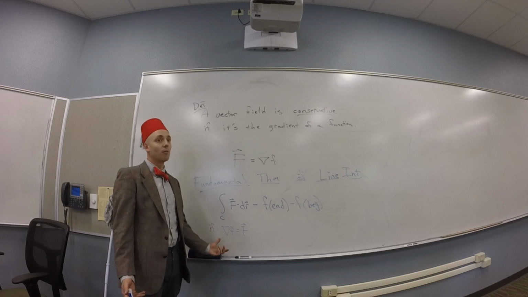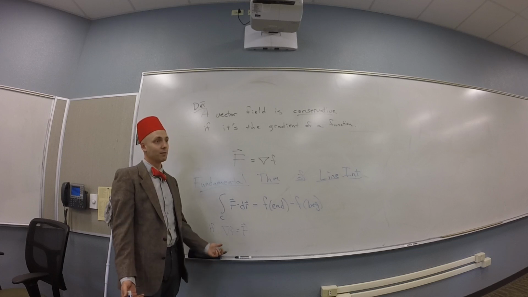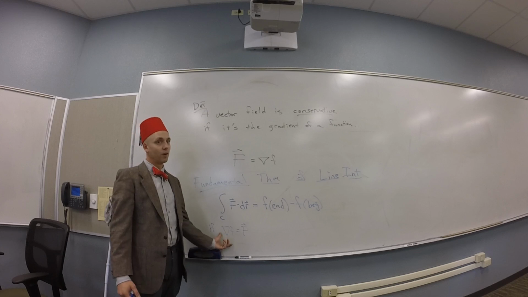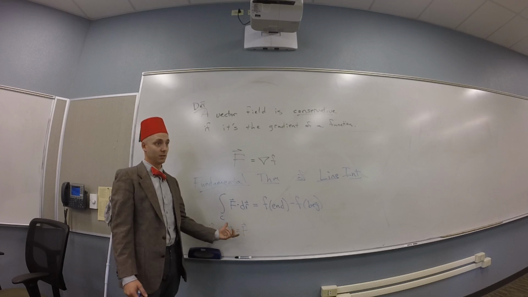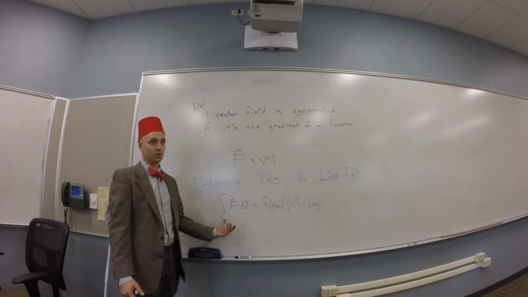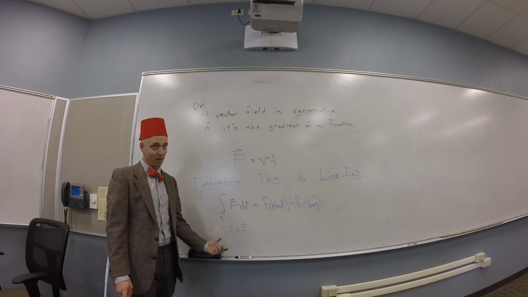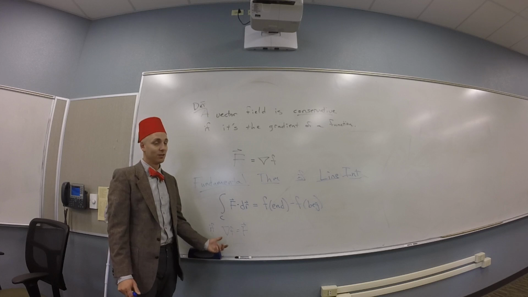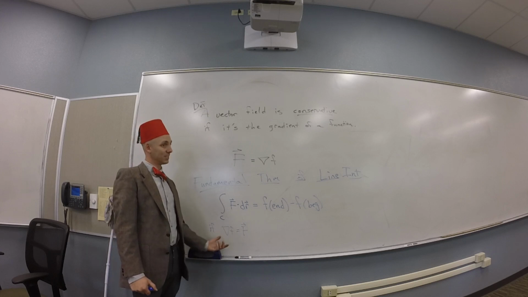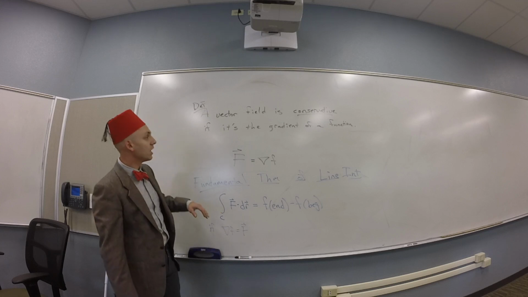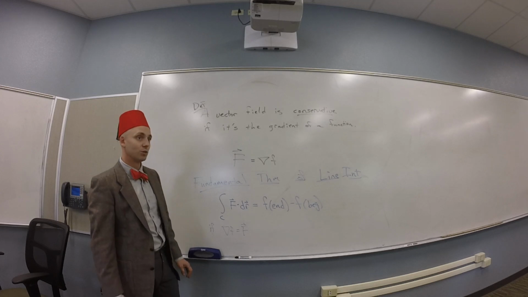You don't have to deal with r prime. You don't have to dot product anything. You just find this antiderivative and evaluate. That's cool. That said, not every vector field has this property, so don't count on this. You guys see that? Okay, there is a nice consequence of this.